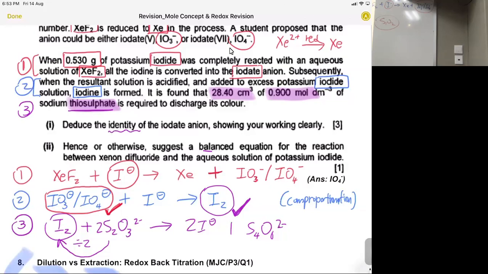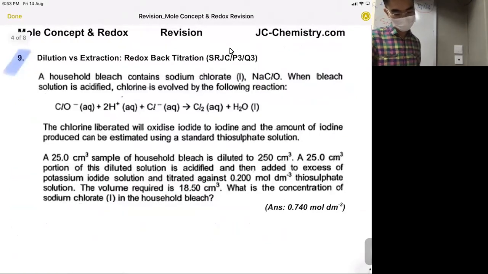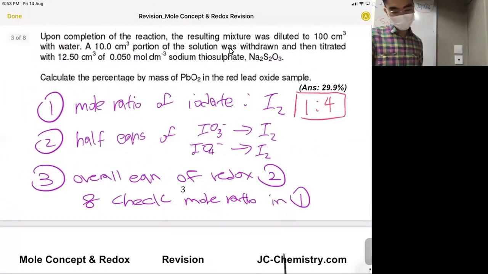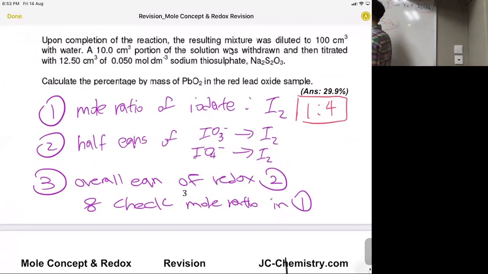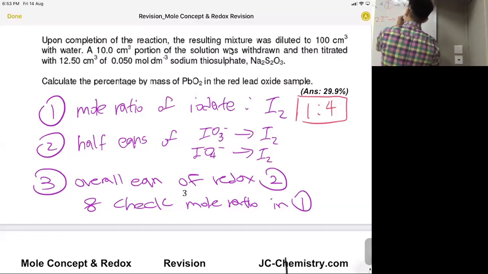You need to solve your half equation. You solve for me this and this, then combine with the equation for I2, I minus to I2. You do it manually. This one combine this one. Check whether it fulfills 1 to 4.